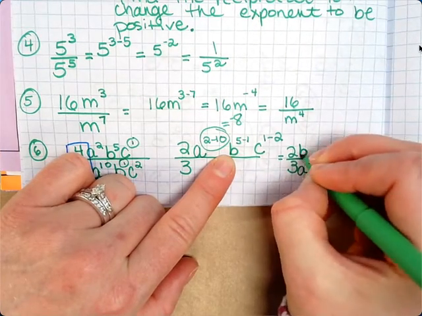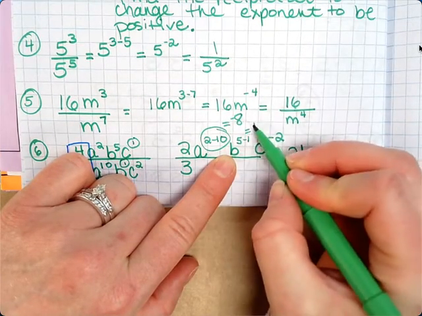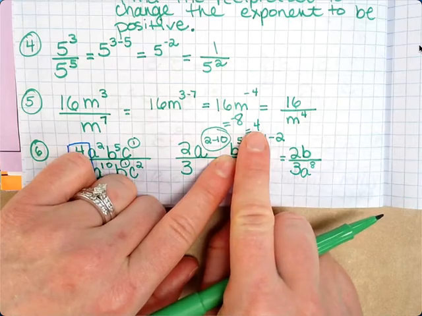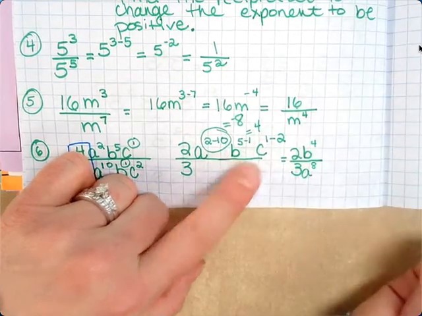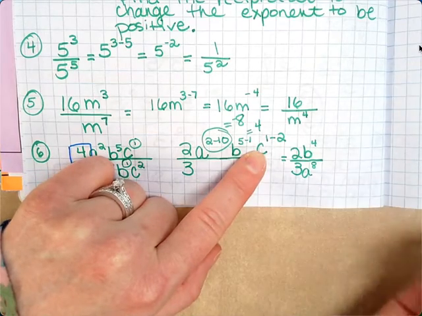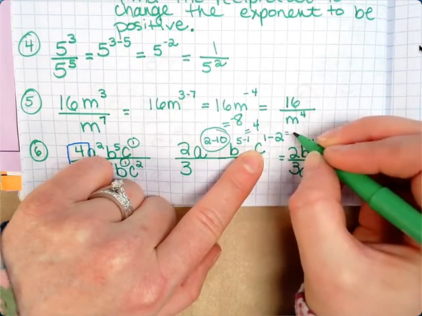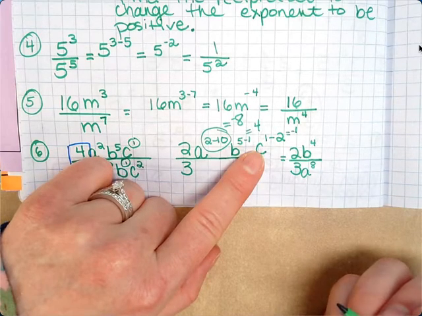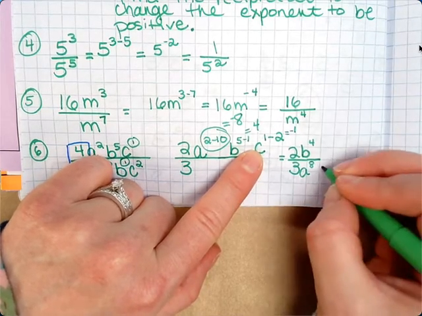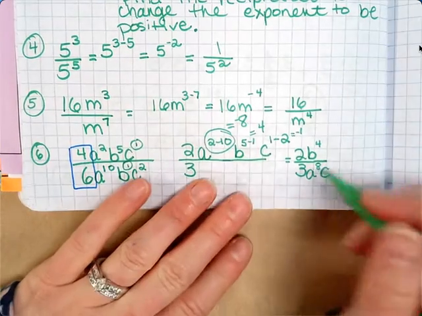So is that going to go on top or bottom? Is it positive or negative? So it's going to stay on top. Okay, what about c? 1 minus 2. It's a negative 1. So where is c going to go? Bottom. c to the positive 1 or just c?